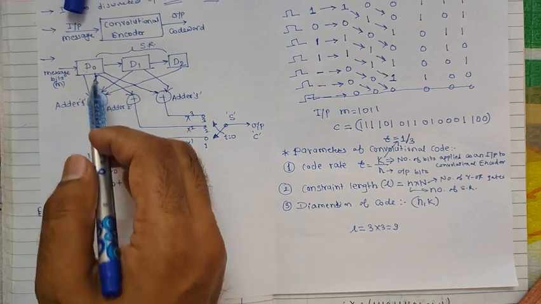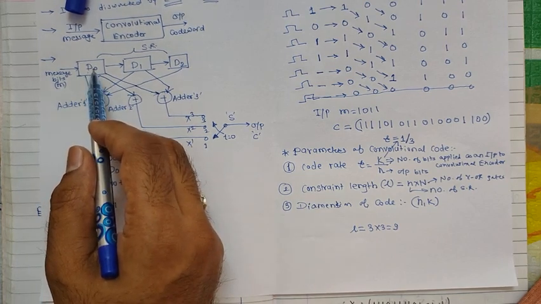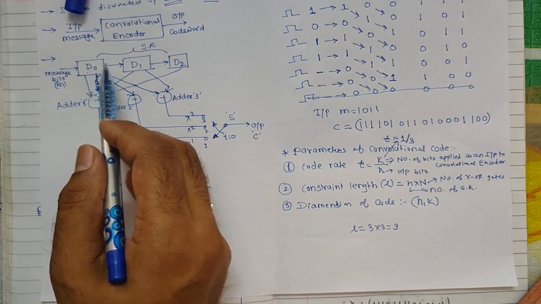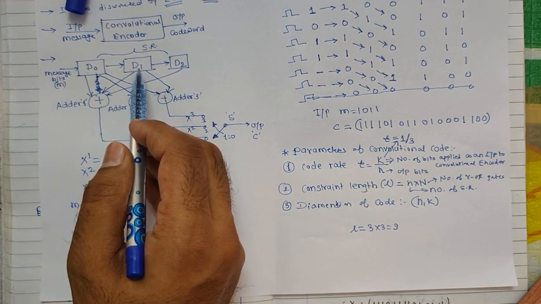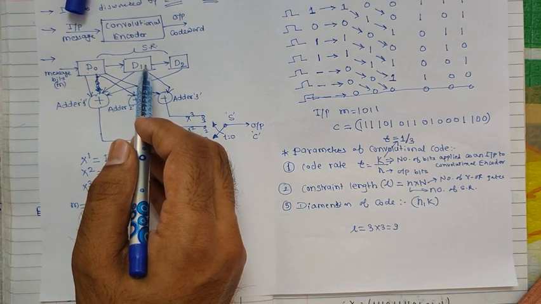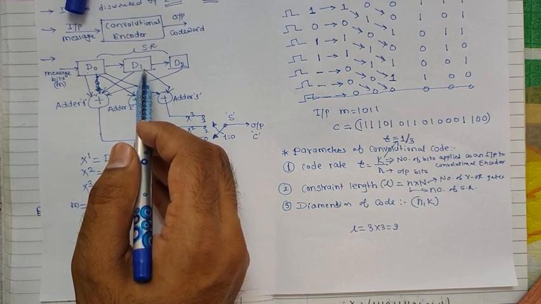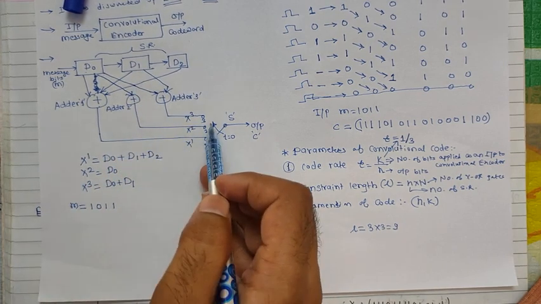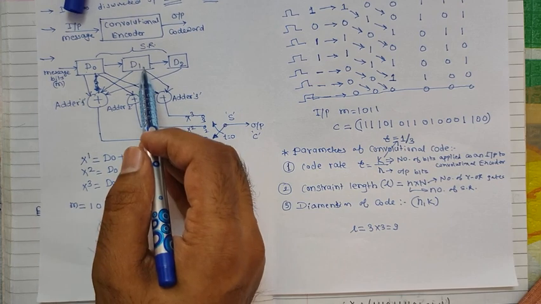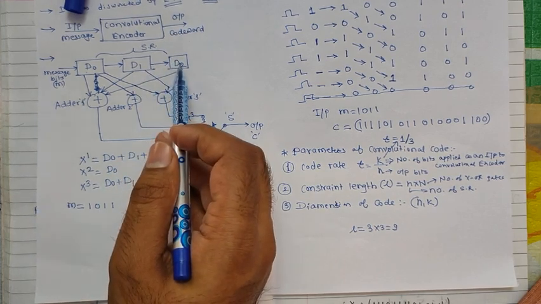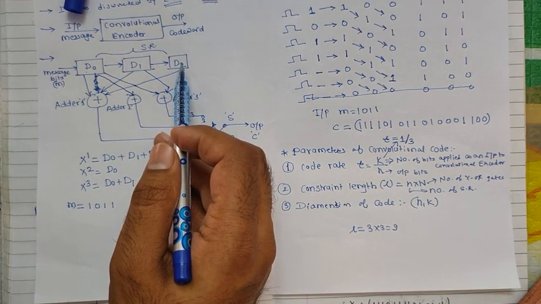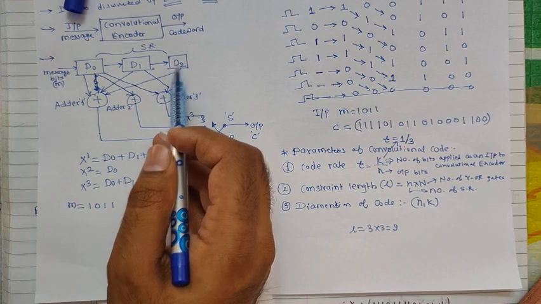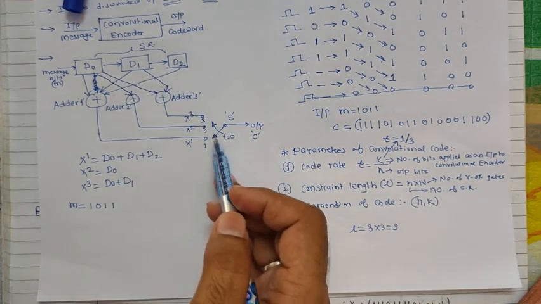3 bits. Well, the same bit, after applying the clock cycle, will be shifted to the second shift register. Once again, because of this input bit we are getting 3 more output bits, and in the next clock cycle it will be shifted to the third shift register, that is D2, and once again we are getting 3 bits output.